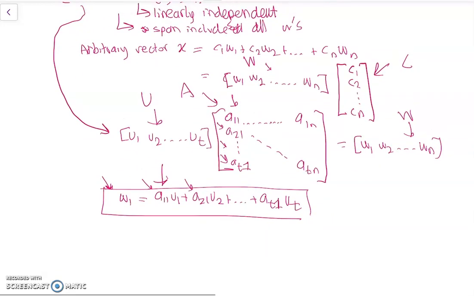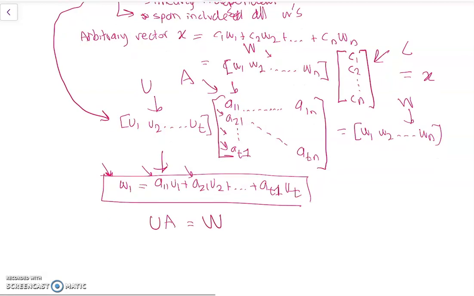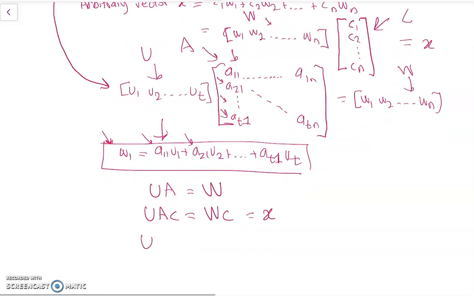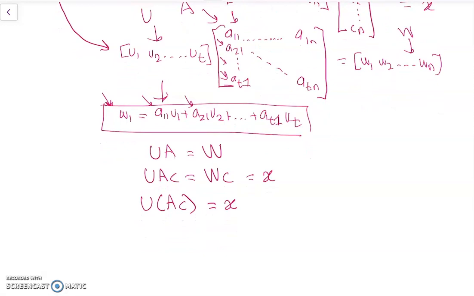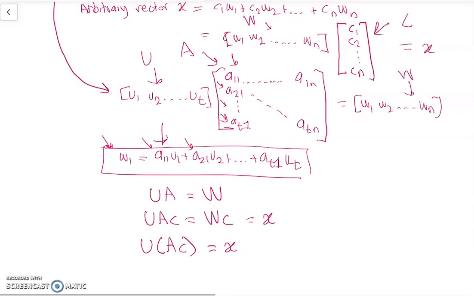So now what we see is W times C is equal to X, and UA is equal to W. If we multiply both sides by C, we have UAC equals WC, which equals X. And using associativity of matrix multiplication, this is the same as U times AC. Now A is a T times N matrix, and C is an N times 1 matrix.